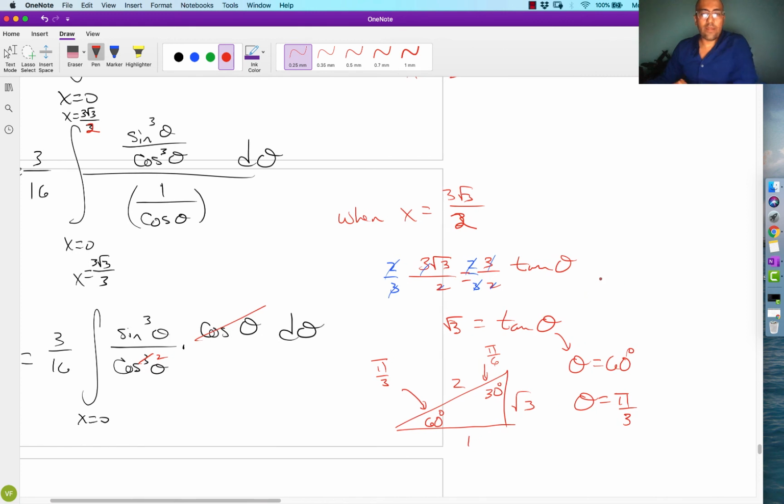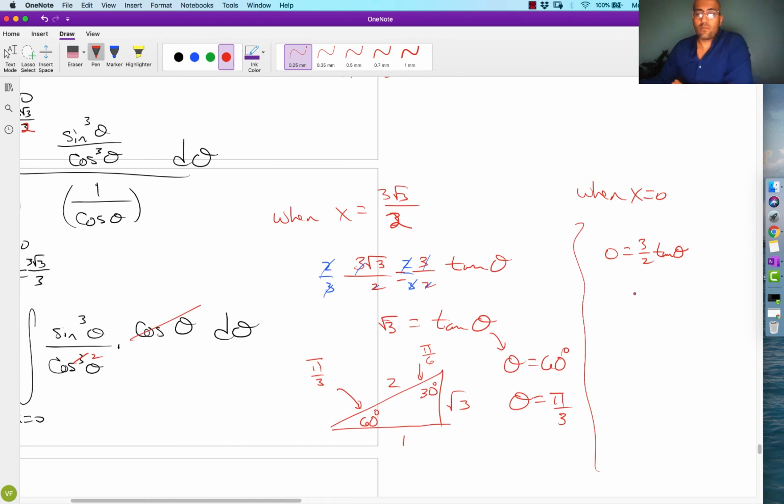What about when x is 0? When x is 0, we end up with 0 equals 3 over 2 tangent of theta, which means that tangent of theta must be 0, therefore theta must be 0. Good.